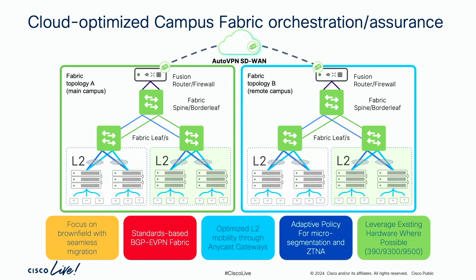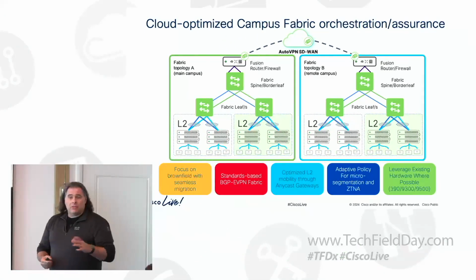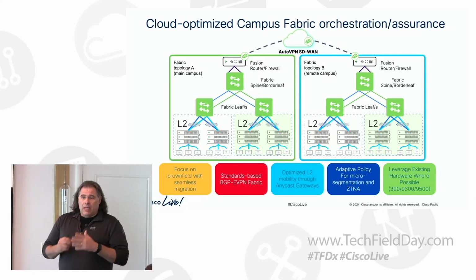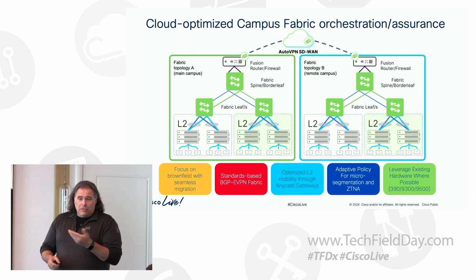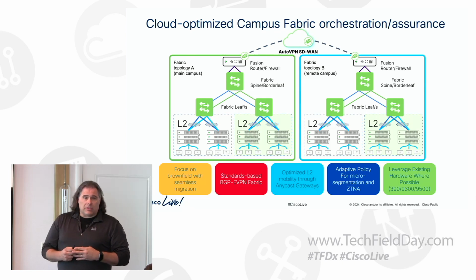We're doing operational simplification through the dashboard, the easy button for bringing these fabrics to market. We're targeting those customers that want to use adaptive policy at the edge, mapping it to these EVPN VXLANs, and then bringing an end-to-end segmentation model. This is how we're going to get it out to the customers as quickly as possible.